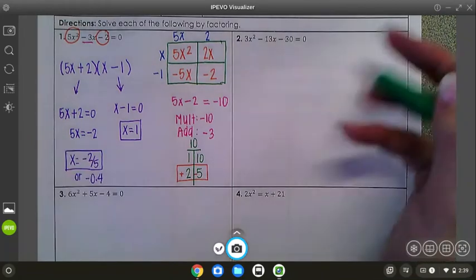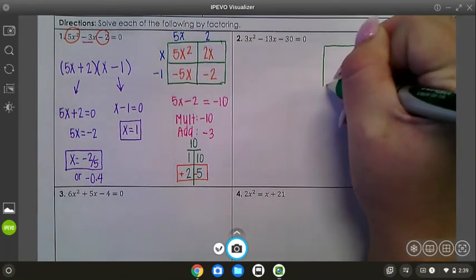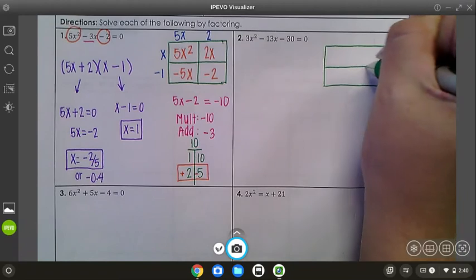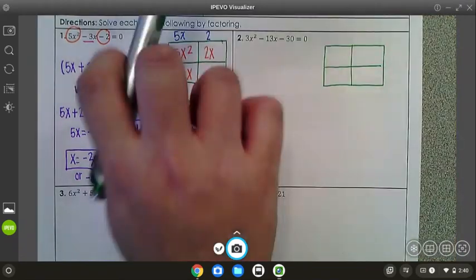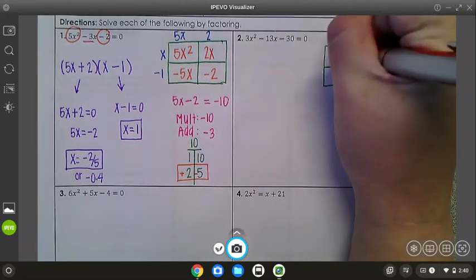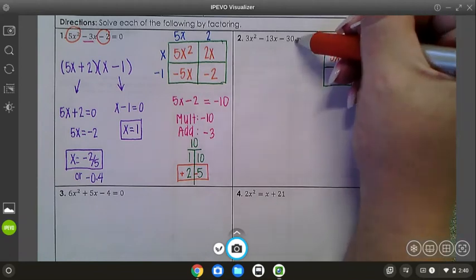Step 2, create a 2 by 2 box. Place your ax squared in the top left and your c in the bottom right.